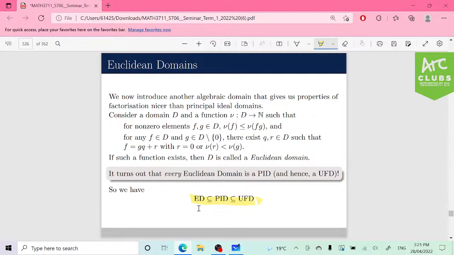So every Euclidean domain is a principal ideal domain, and every principal ideal domain is a unique factorization domain. So if you have a domain that's Euclidean, you automatically obtain a unique factorization domain, which is very convenient.